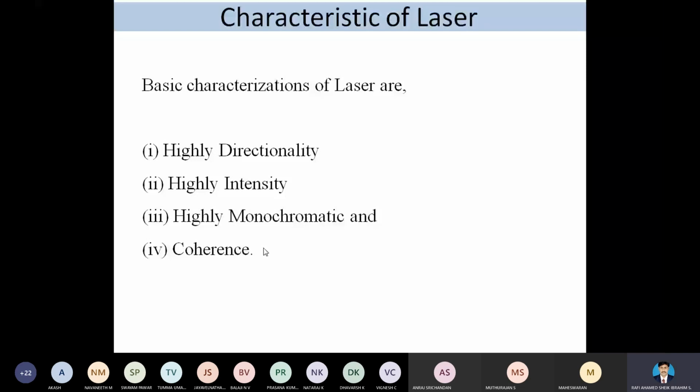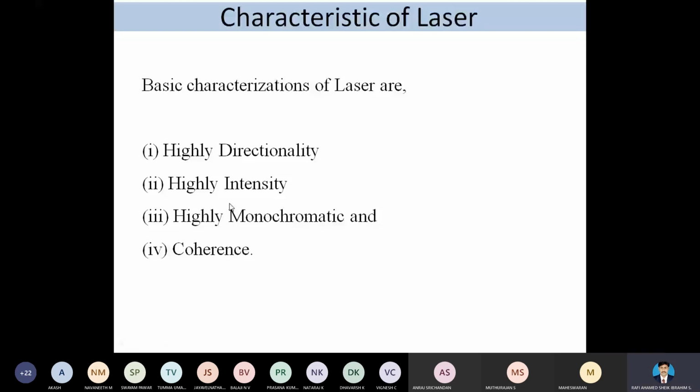The 4 important characteristics are namely directionality, intensity, monochromatic, and coherence. So these 4 parameters are important parameters in the process of laser action.